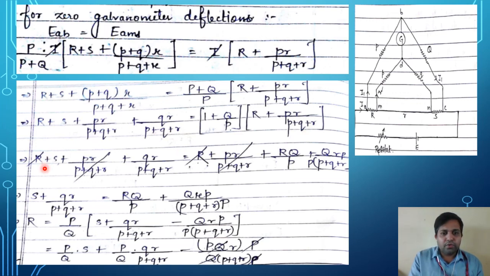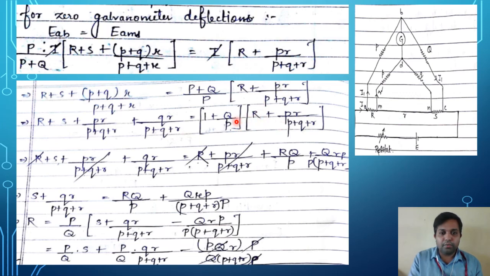Now I am going to multiply this entire term with this value. So R is multiplied with this entire term, and then respectively Q by P. So R plus this entire term, P Q divided by (P plus Q plus R), plus this entire term with this respective.